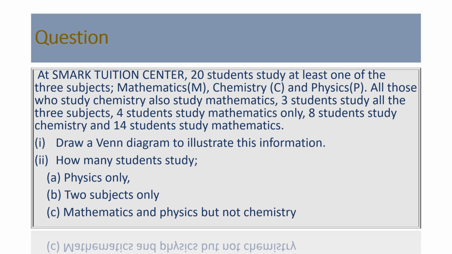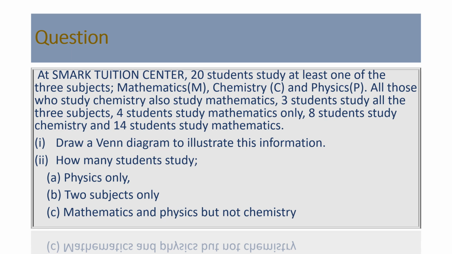Question 1. Draw a Venn diagram to illustrate this information. Question 2. How many students study A. Physics only, B. 2 subjects only, C. Mathematics and physics, but not chemistry.